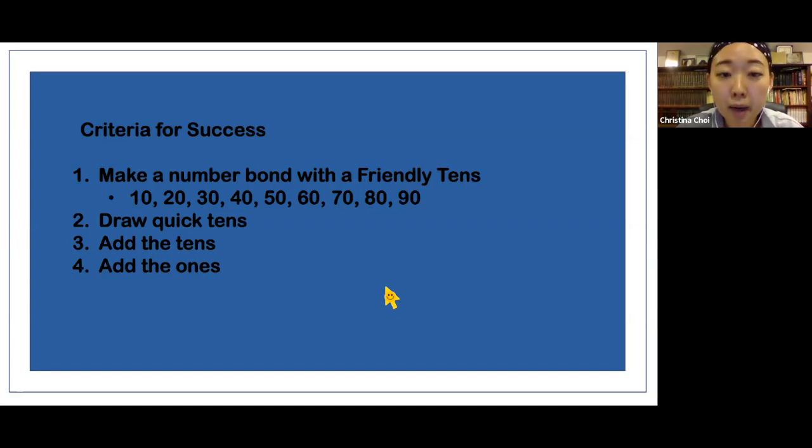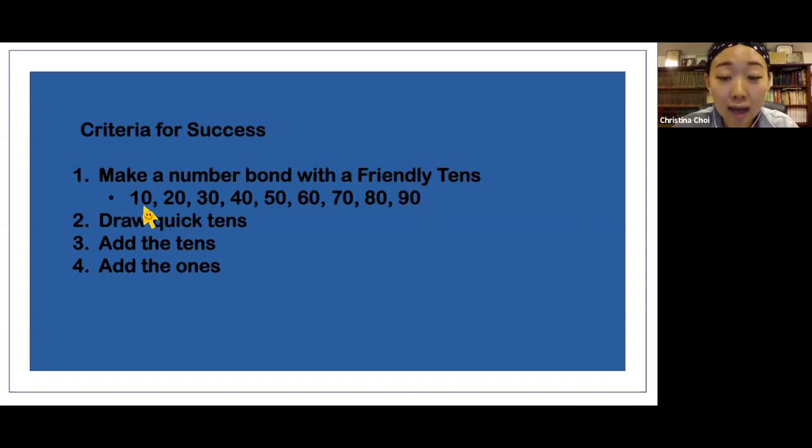Okay, for the criteria for success, just like I showed you in the last lessons for Module 4, you have to make a number bond, but this time I want you to focus on friendly tens. This concept is a little bit new because friendly tens are not just the friendly number 10, but the friends of 10, okay? So friendly tens, there's more than one friendly 10, and you'll see why they're friendly.